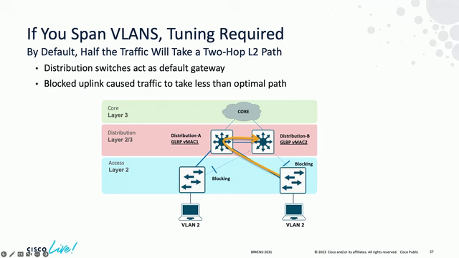However, there is one thing that we have to be aware of: in case of spanning VLANs, in situations where we have some ports put into a blocking state, we may deal with a situation where the packets from hosts towards the first hop gateway may go through 2 hops. Yeah? And what's the solution here?